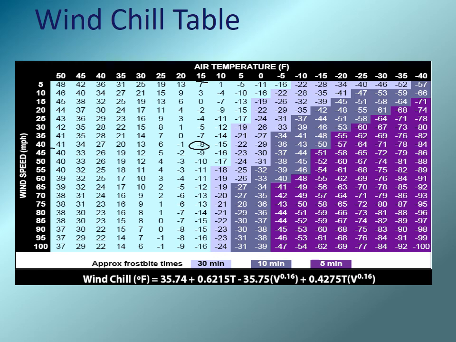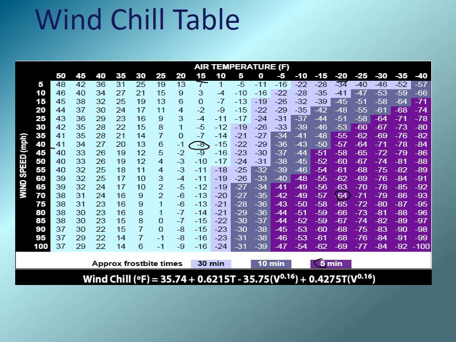Now, if you do something a little bit more severe, like in Antarctica, you might deal with a temperature down at, maybe -20. And in the wintertime, the wind speeds can be very strong, we'll say 70. If we do that, it looks like you have a wind chill of -64 degrees. And this is in a very dangerous zone here.